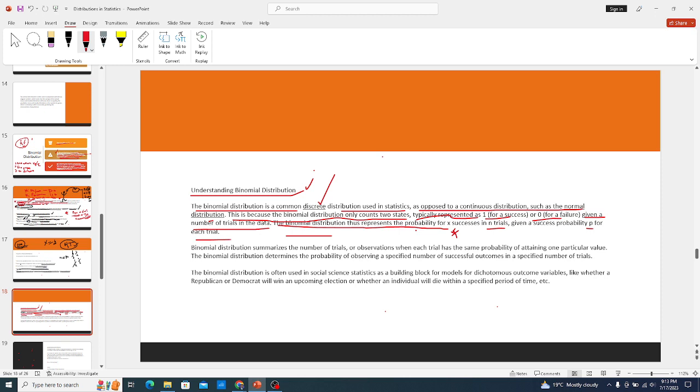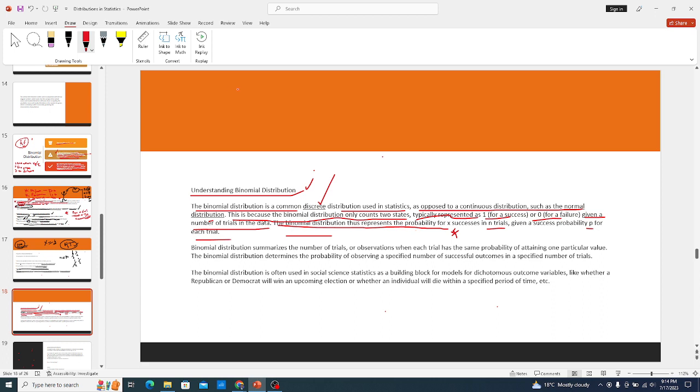Here we are checking the probability that we will obtain 6 successes in our N trials, given a success probability of P for each trial.